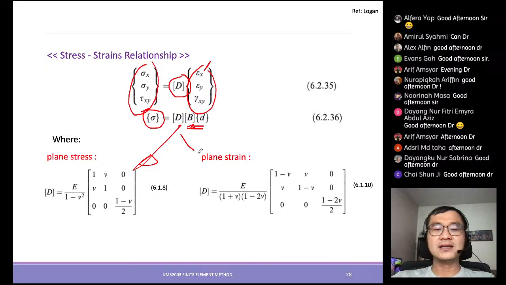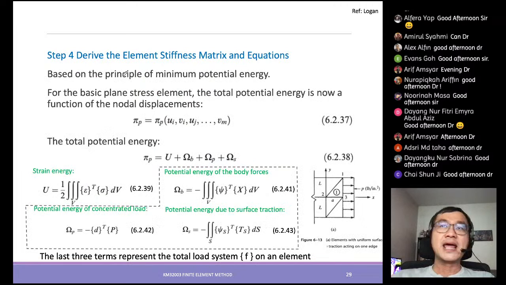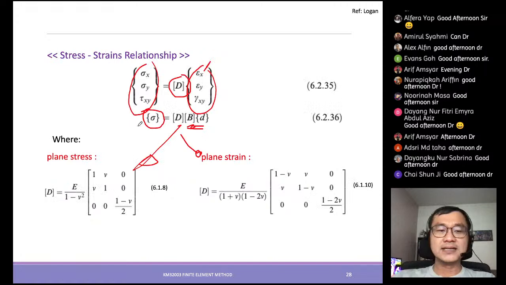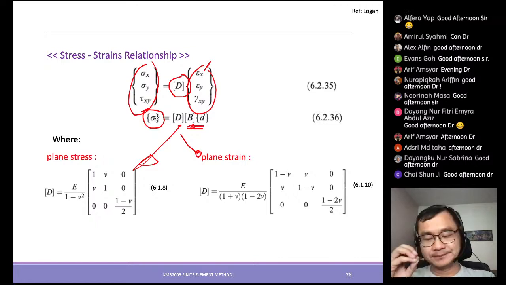Once we get that, we have the relationship between the stress and strain. The stress itself occurs at the centroid, the center of the element itself.